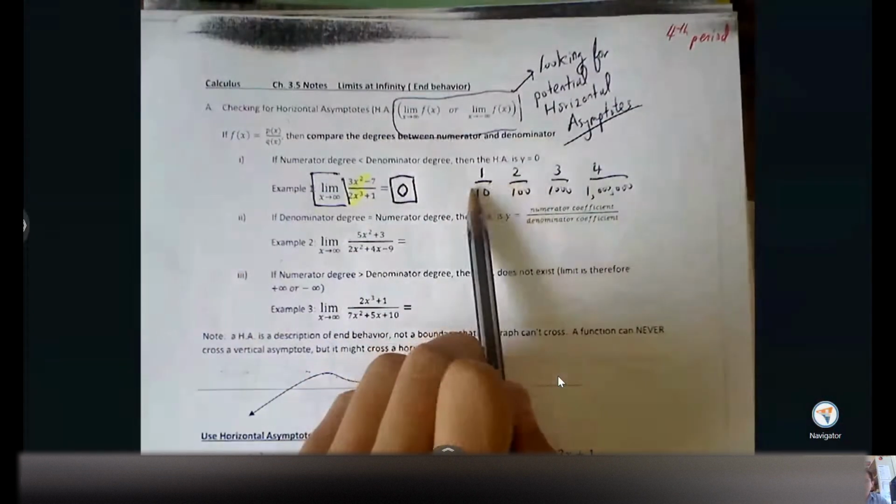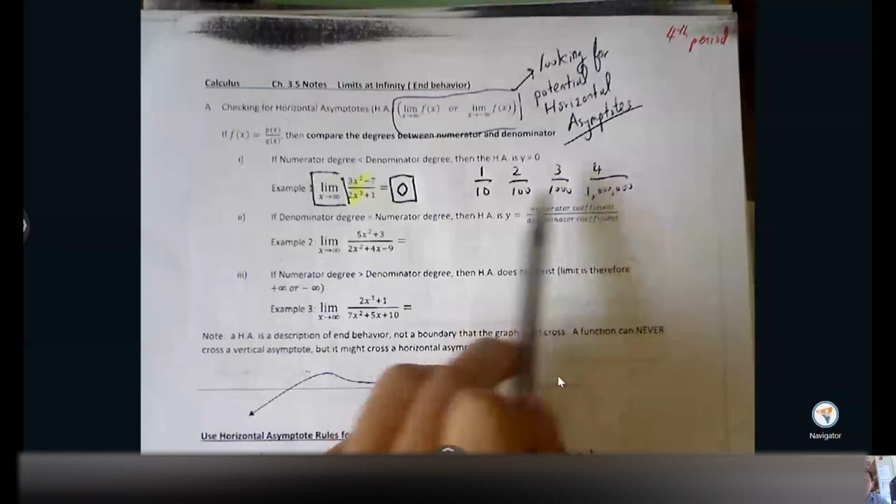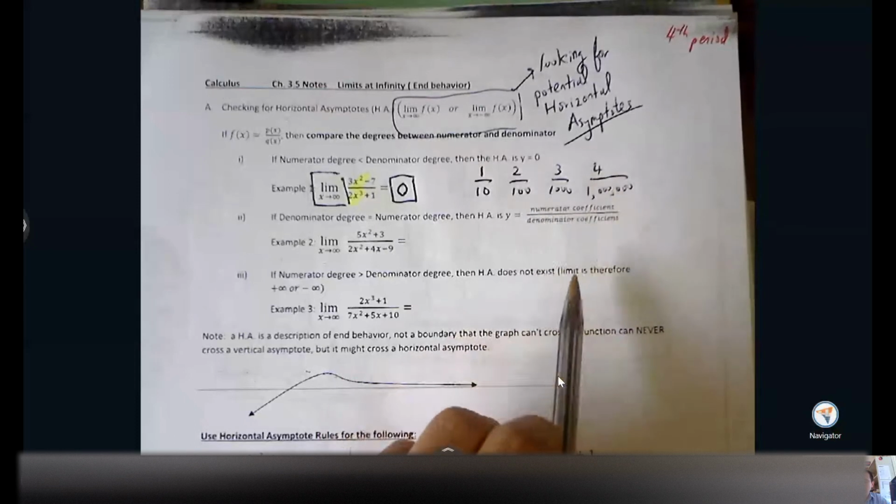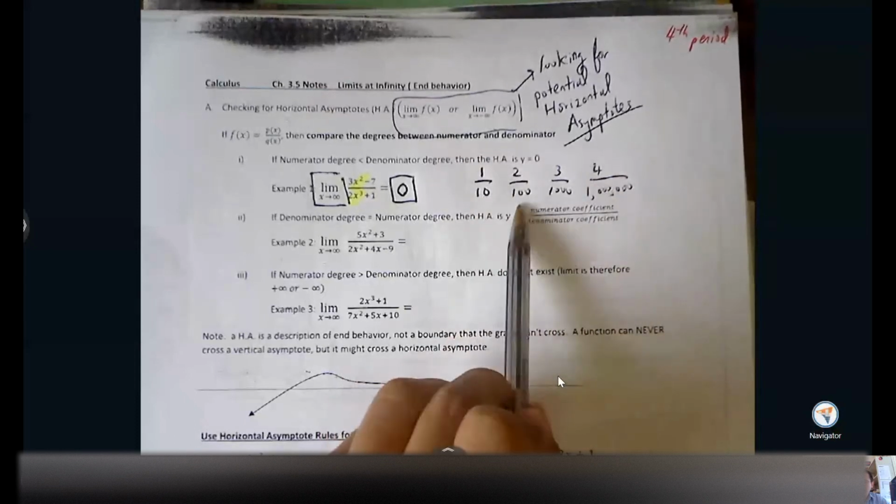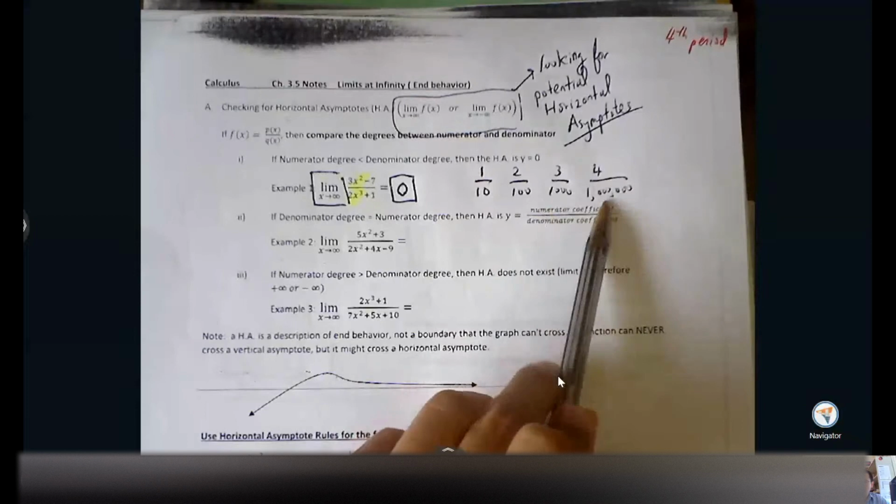Let me just give a side example here. Let's say I had 1 over 10 versus 2 over 100 versus 3 over 1,000 versus 4 over 1,000,000. You see how my numerator and denominator are both increasing? But it's obvious that my denominator is growing at a much faster rate than the numerator.